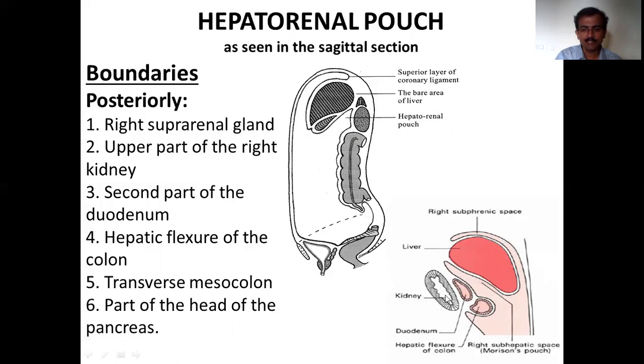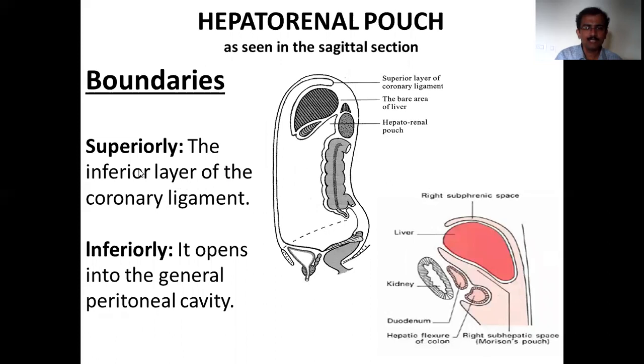So the posterior relations are once again the kidney, the second part of the duodenum, and also the hepatic flexure of the colon, the transverse mesocolon, and part of the pancreas. These are all the posterior relations to the hepatorenal pouch.